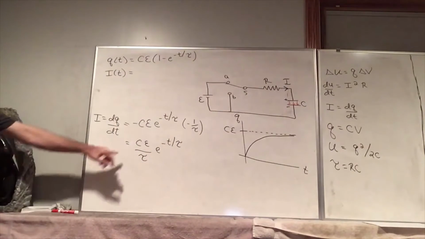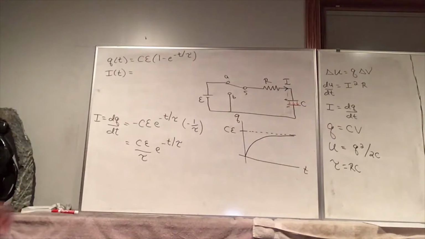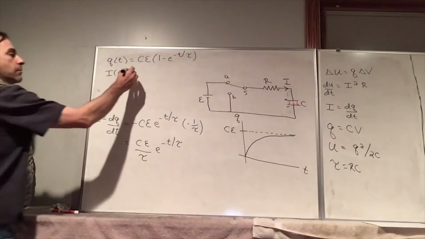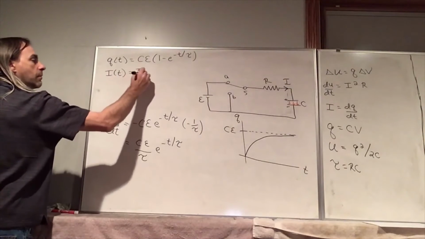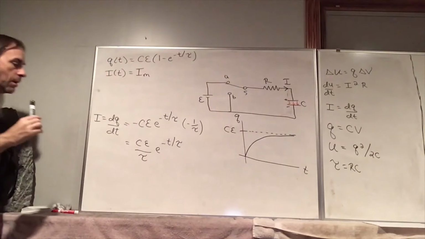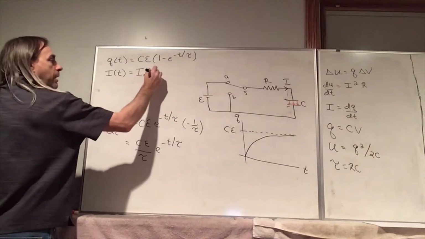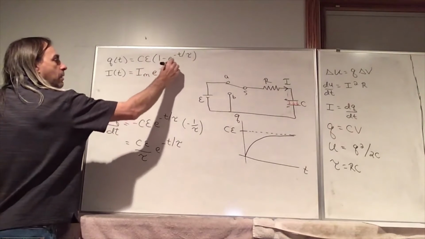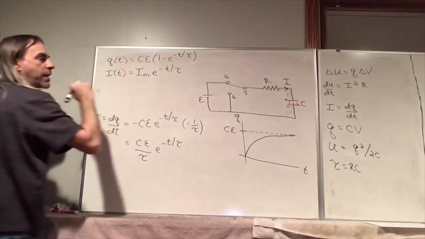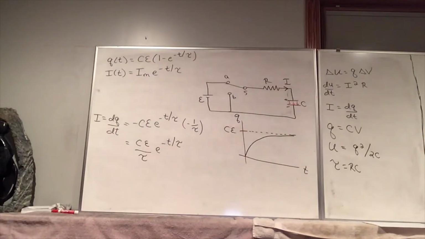Now, let's call this Imax. So we just have Imax e to the minus t over tau. So that is the current as a function of time.